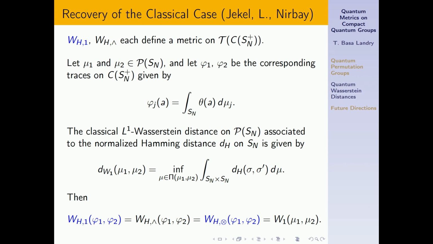And this one, which I'll talk about more on the next slide, doesn't define a metric. But amazingly, all of them recover the normalized Hamming distance in the classical setting.